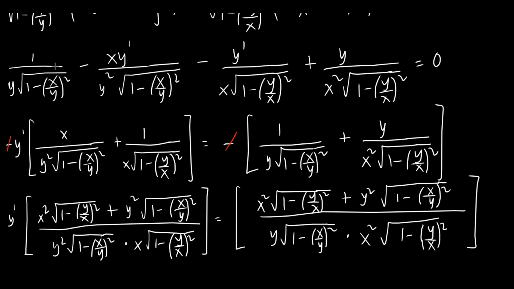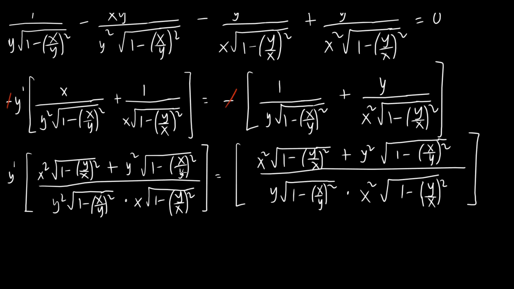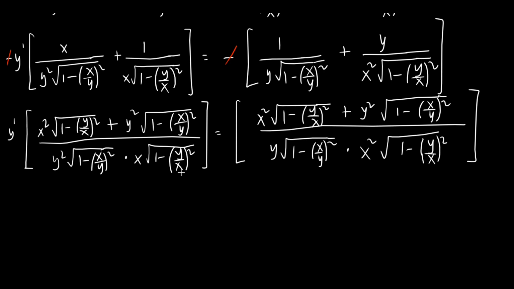So y prime positive. So let's review first, so it's checked. So we'll simplify further. So we have y prime. To simplify this one, we will just copy y prime.